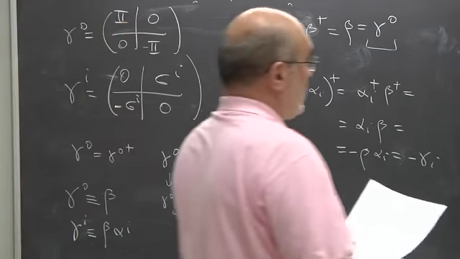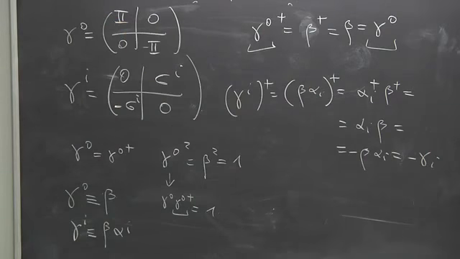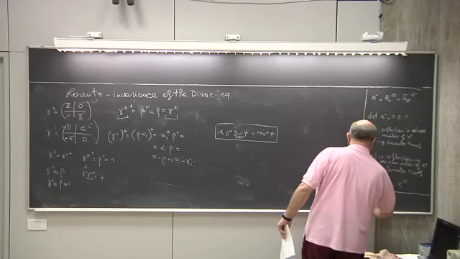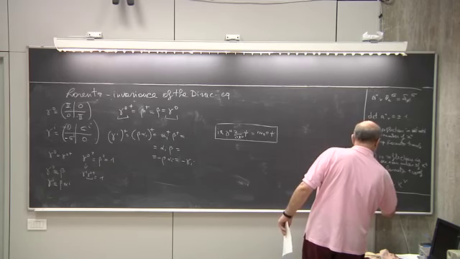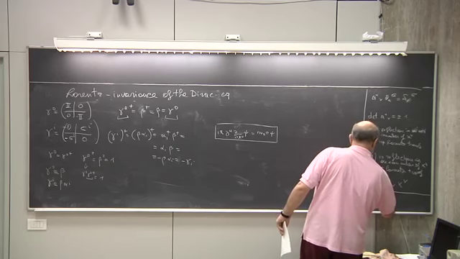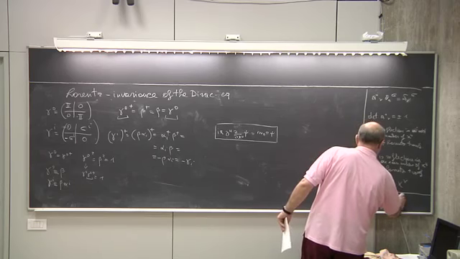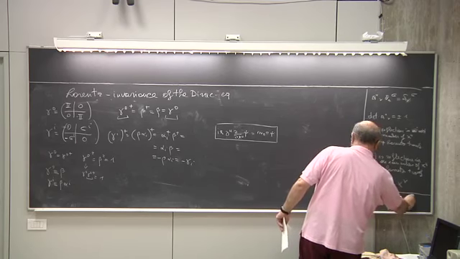But the most important is the following one. So let me write here the Dirac equation: i h-bar gamma mu d psi over dx mu equals m0 c psi.